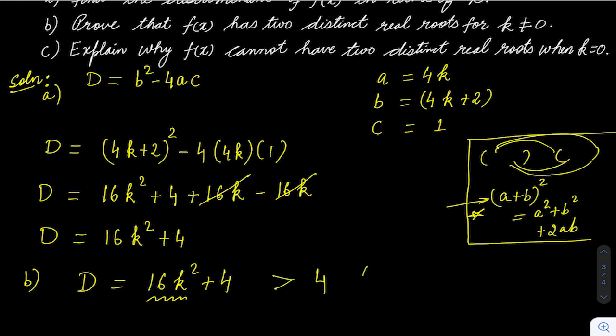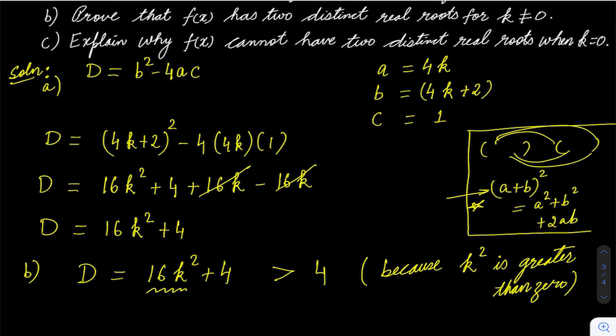And you can give the reason: k square is greater than 0, since we are concerned with k not equal to 0 in this question. So when k square is greater than 0, then 16k square is also greater than 0. It means the whole discriminant will be greater than 4.